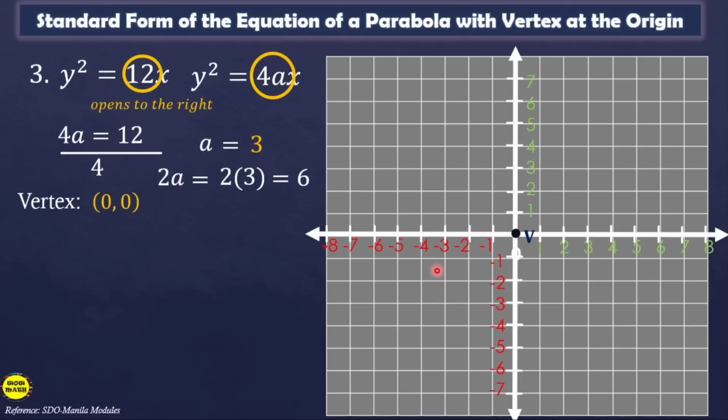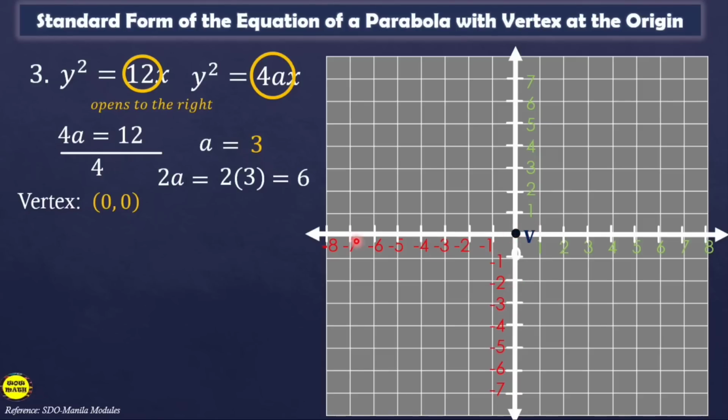And then, our focus. How does our focus move? In number 1, since our graph opens upward, the focus is above the vertex. In our example number 2, since our parabola opens downward, the focus is below.